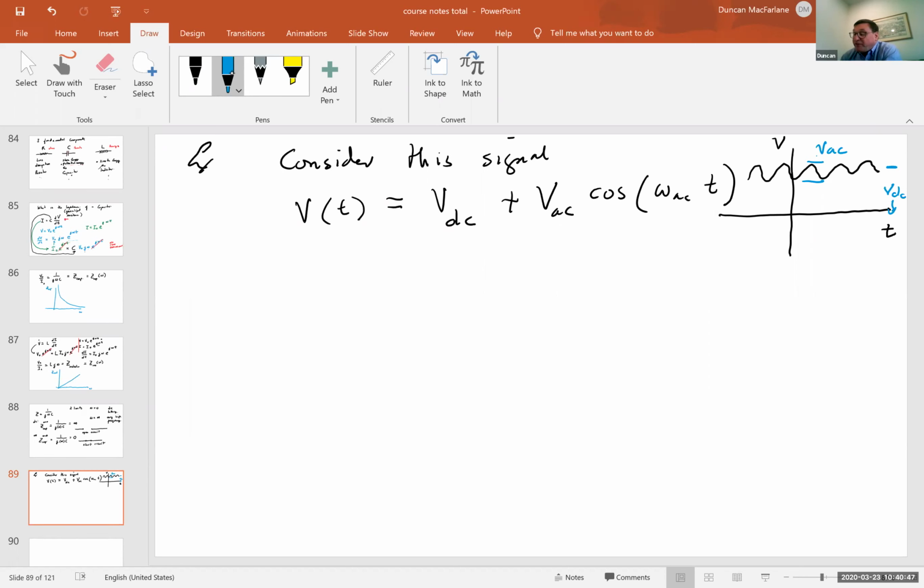And then I want to send this through a capacitor. So I'm going to have VDC plus the AC part of it, the alternating current part of it.